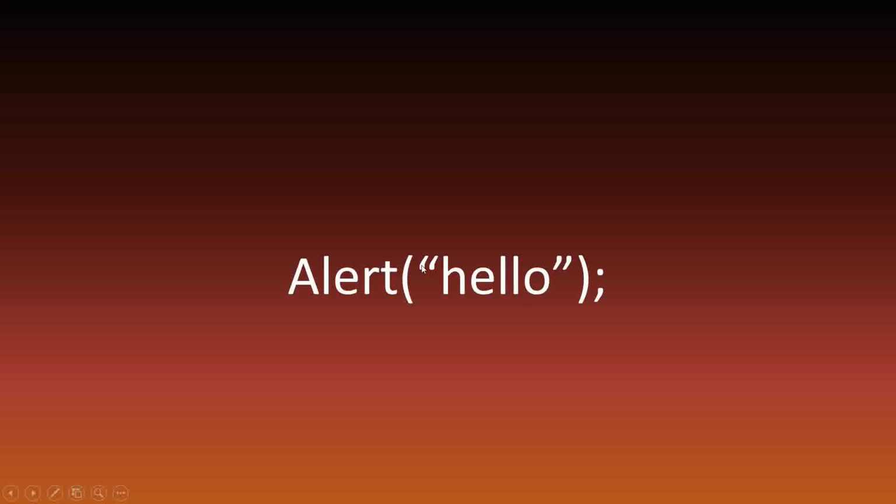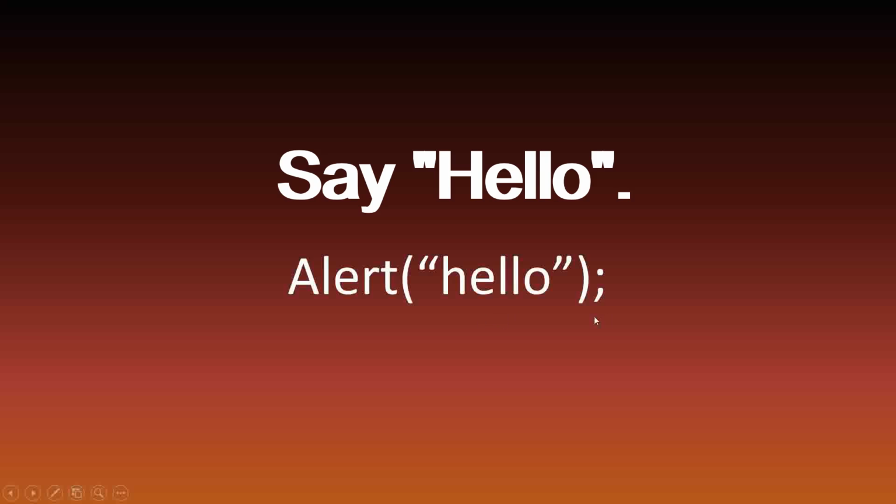For example, we wanted to say hello, so we put inverted commas, hello, brackets close, and this symbol, which you can call the termination symbol, acts as a full stop in English. So it is similar to saying hello and full stop. In JavaScript, you will say alert, brackets, inverted commas, hello, brackets close, and this termination symbol.